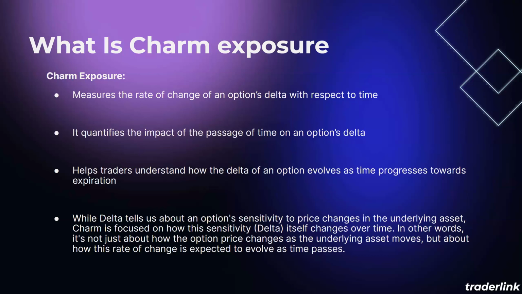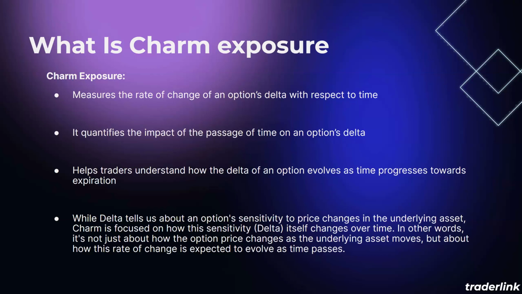So charm measures the rate of change in an option's delta with respect to time. This is fairly confusing for people because they always relate charm to theta when in fact the two are very different. Theta measures the rate at which an option's price decreases over time, expressed per day, right?